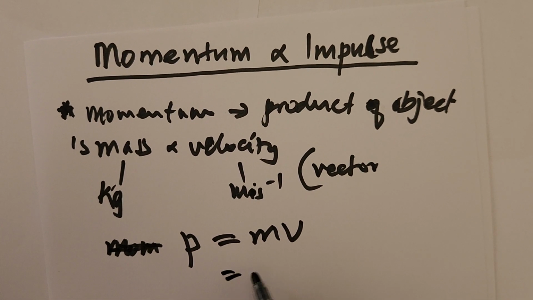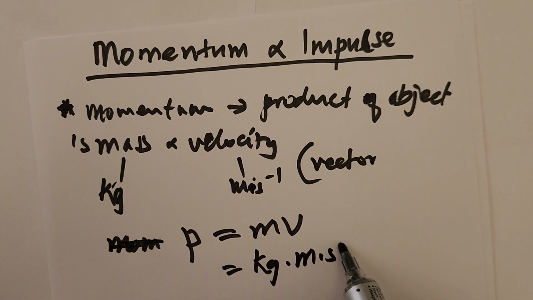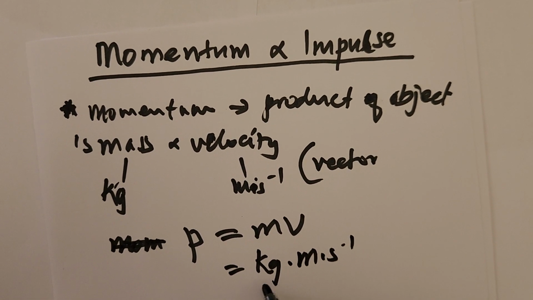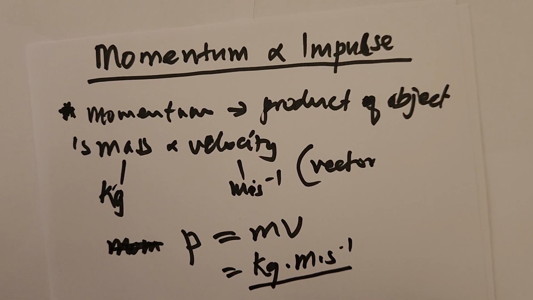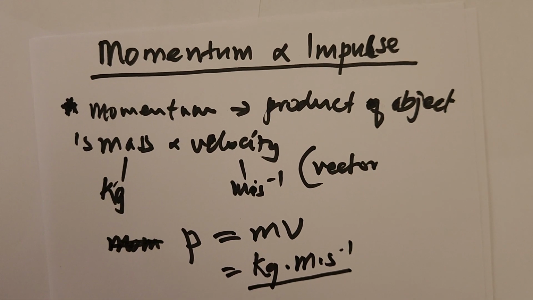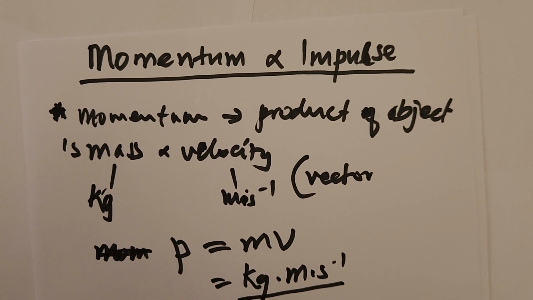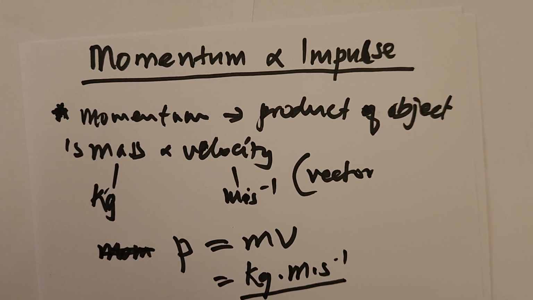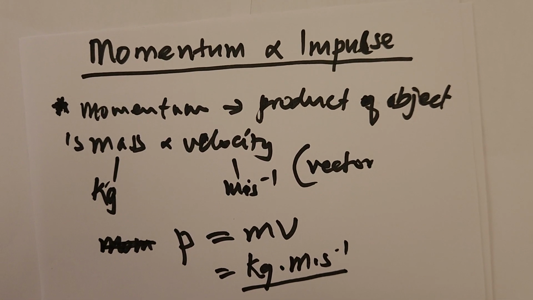Now, because mass is measured in kilograms and velocity in meters per second, the unit for momentum will be kilogram meters per second. But again, we know that momentum is a vector. What makes momentum a vector? Very important. Momentum is a vector quantity.